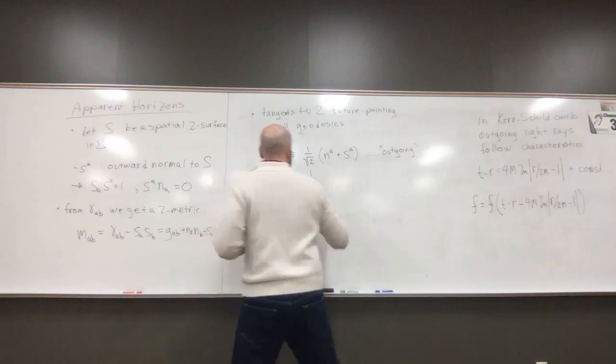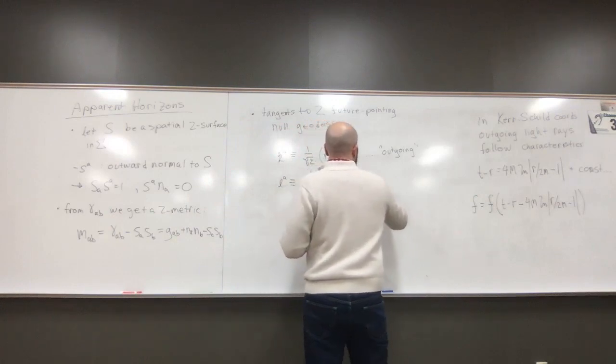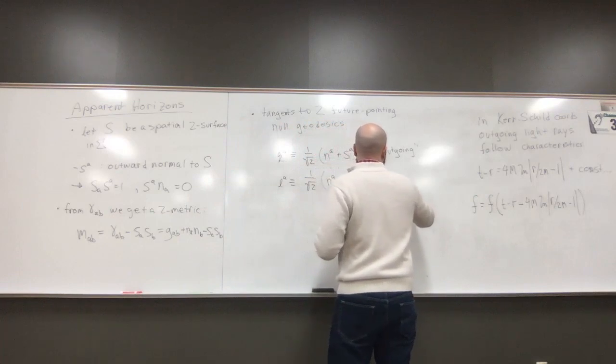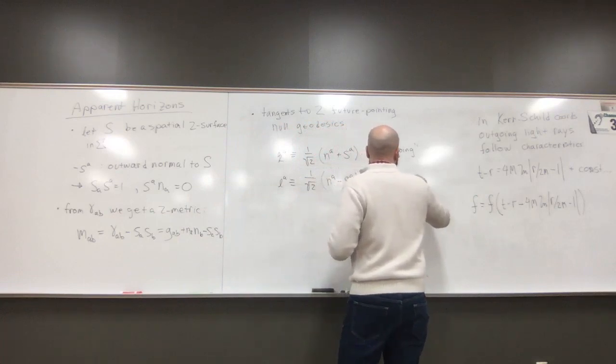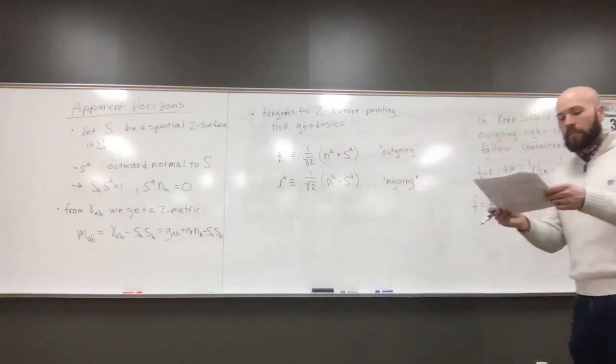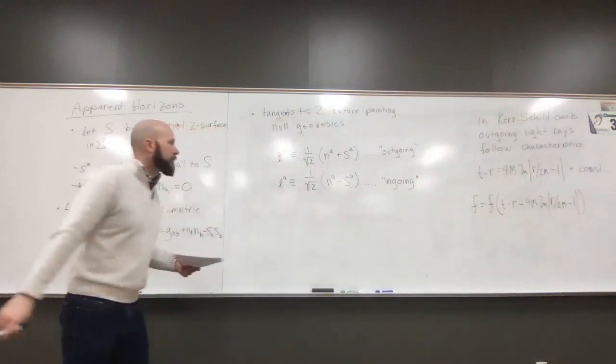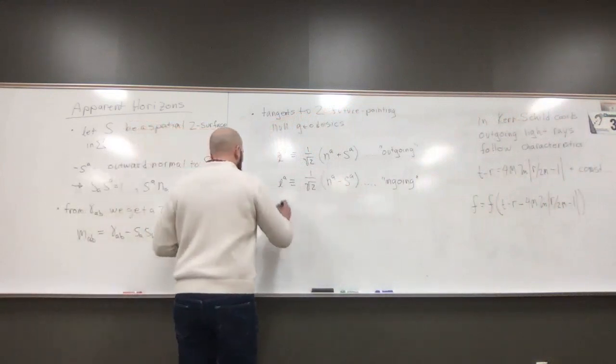And then LA is similarly defined as 1 over square root of 2 times NA minus SA. We're going to call this the ingoing tangent to a null geodesic, or tangent to an ingoing null geodesic.